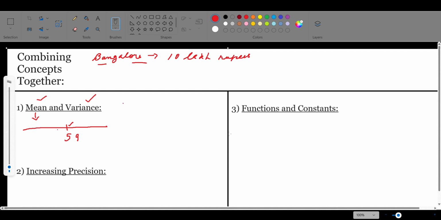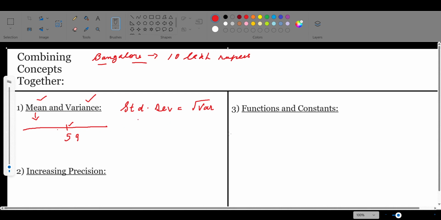Hence, we saw that the standard deviation, which is basically the root of the variance, gave you a good value of how much the spread could be with respect to the mean.